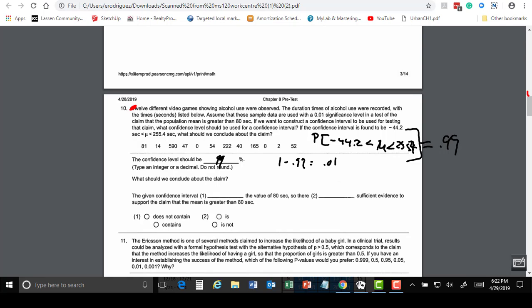The confidence interval contains the value of 80 seconds, so there is or isn't enough to, well, it does contain it, doesn't it? Yeah. And then is it sufficient? That, I'm not sure. Is that sufficient? No, I don't think so, but let's check. So that's number 10.